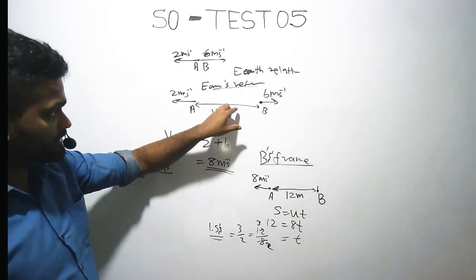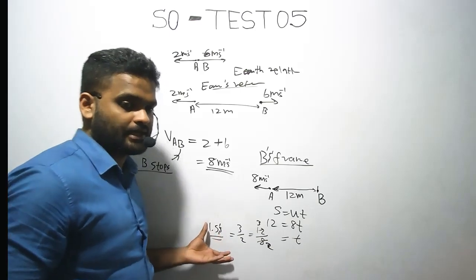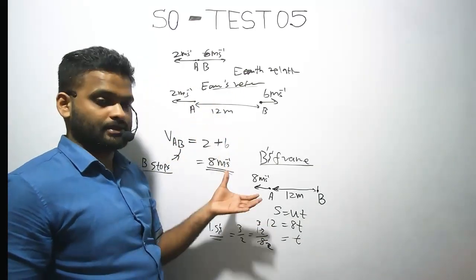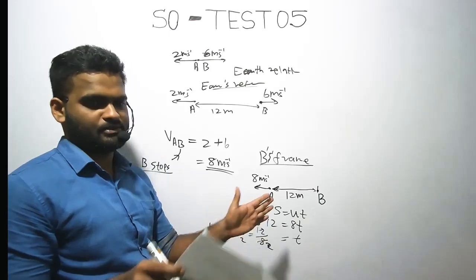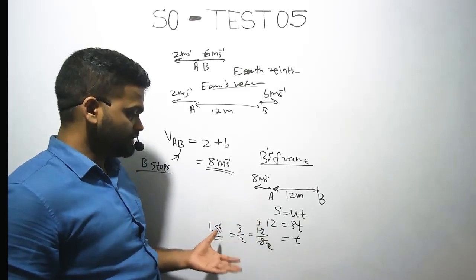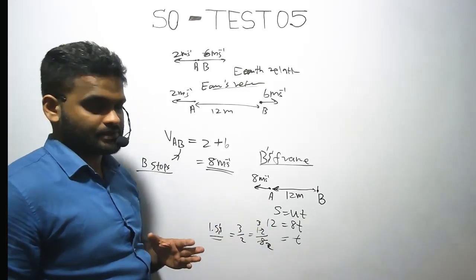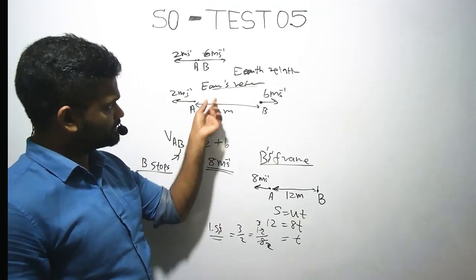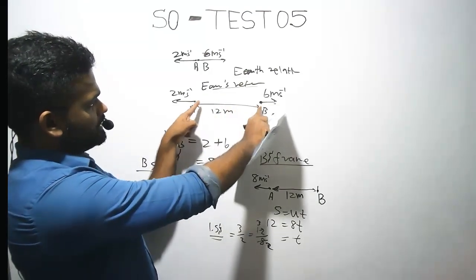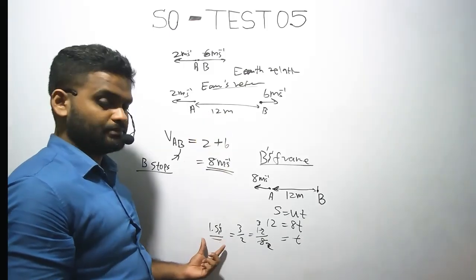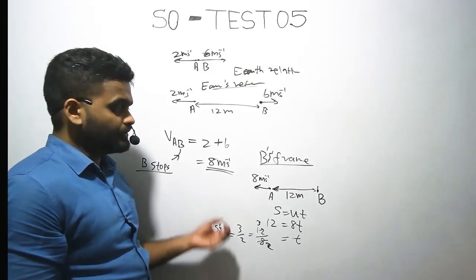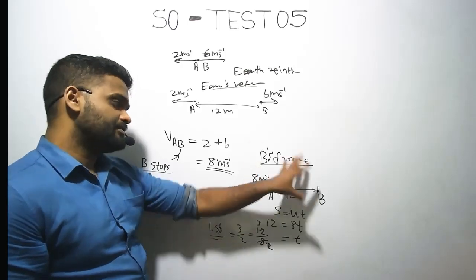Once you find the time, you can apply it again. The time does not change, right? Time is the same regardless of the frame. So here, in order for the gap to be 12 meters, the time is 1.5 seconds. The trick we used is that we solved this equation in B's frame.